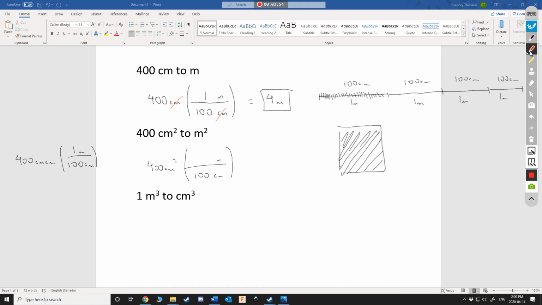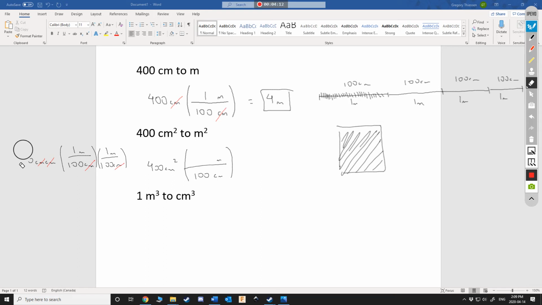What we need to recognize is that right now we've only canceled off one of the centimeter terms. So we actually need to do it a second time: 1 meter over 100 centimeters. Now we cancel off both centimeters, and we're left with meters squared.